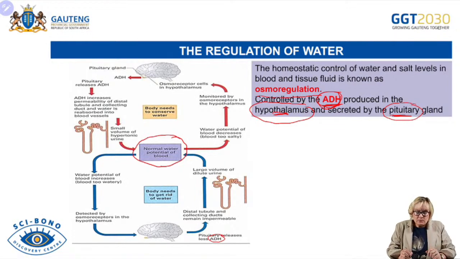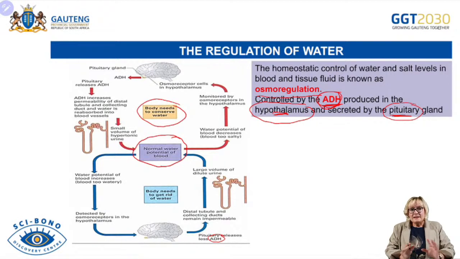But if your body needs water, so it's a hot day and you haven't taken in any fluid, what is happening in your body? The water potential of the blood will decrease because the blood will now be salty. There's not enough water in it. Who will be the policeman now? Still the hypothalamus. The hypothalamus is going to see, oh, there's a problem here.